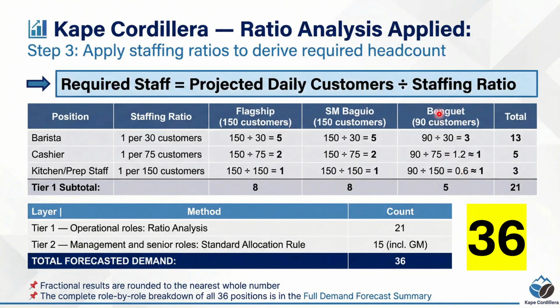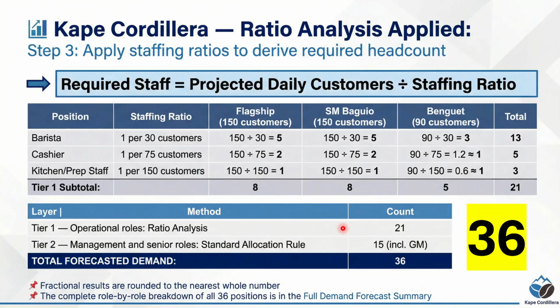Now, in here, there's a difference because of the projected daily customers. 90 lang. So, that's 5. So, pag in-add mo yan, it's a total of 21 employees who will directly be serving our customers.